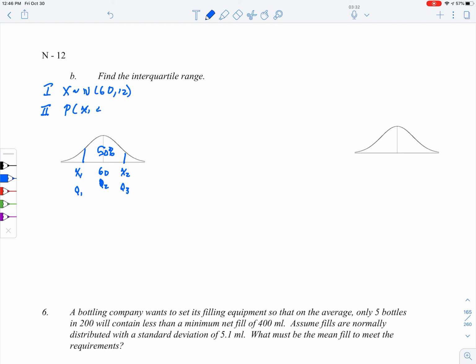So we want to find X1 and X2 so that 50%, that's what interquartile range means, is between those two. So I'm going to leave that there. I'd like you to go through, remember step number 3, you have to skip for now. And you're going to go into step 4. I'm going to leave you at step 4 and see if you can figure this thing out.